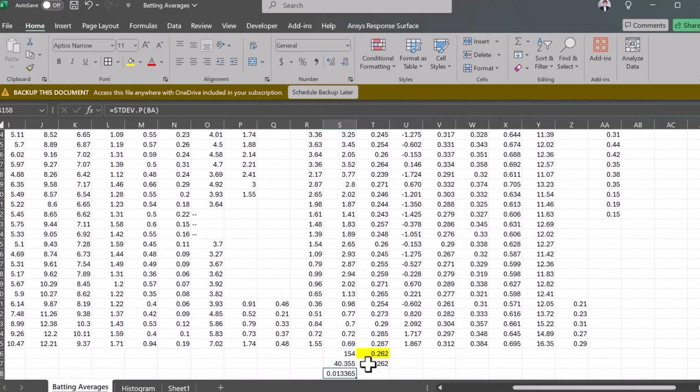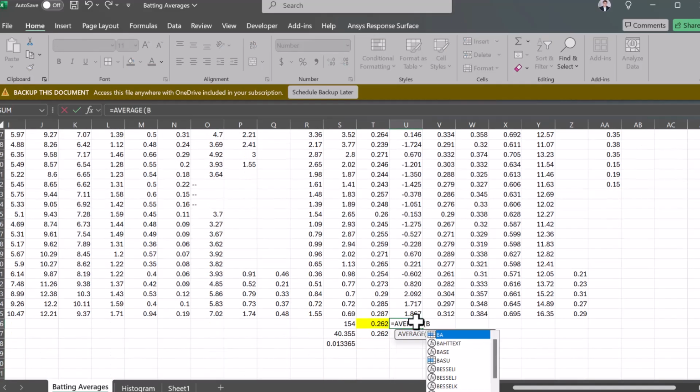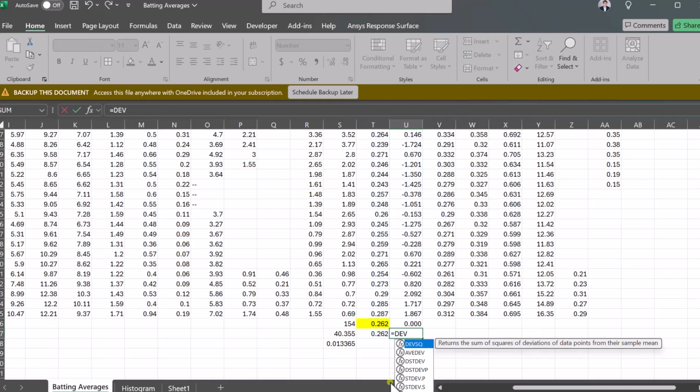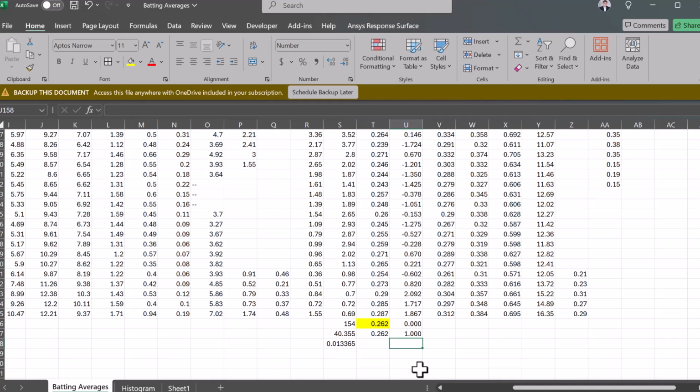So I called this BASU. So equals average, and it's 0 and 1. Interesting. So I guess it looks like that's a property of any list: if you make a separate list that's in standard units, then the average of that list is going to be 0 and the standard deviation of that list is going to be 1. Cool.